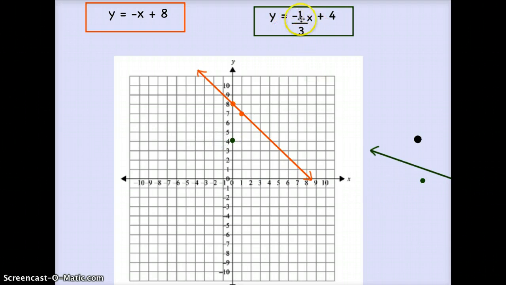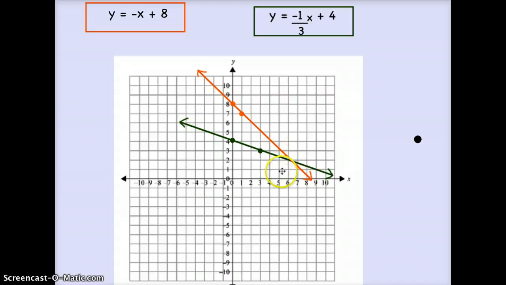And our slope is negative 1/3, so our rise is negative 1, our run is 3. So we will go down 1 and to the right 3. 1, 2, 3. Plot that point. Draw our line.